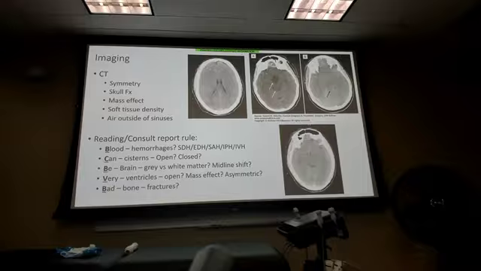That's gray and white matter. I think we have an image of a EAI later on where you don't have any differentiation. You can see the gray and a little bit of a lighter gray on top. That's gray-white matter. As long as you have that differentiation, then you're good.